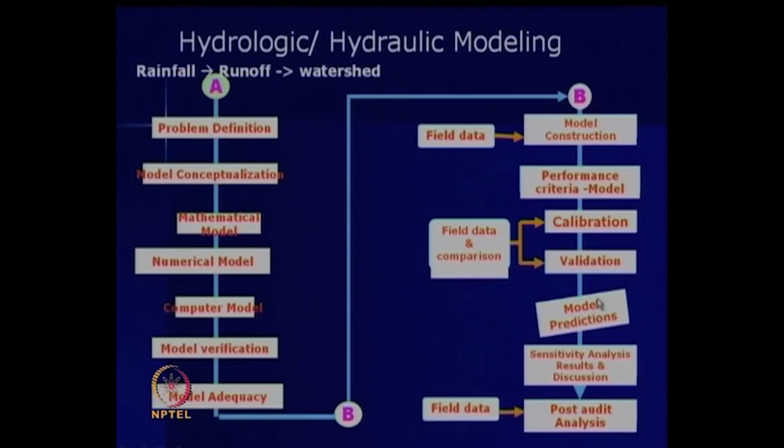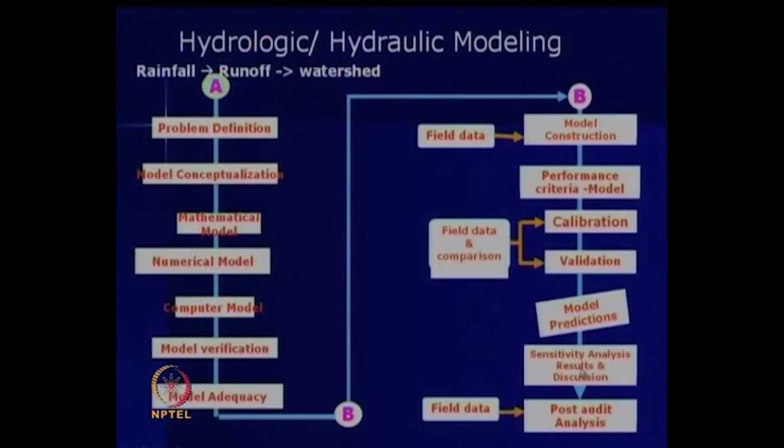This model predictions means, for example, if you are going to construct a dam or a check dam at a particular location of the watershed, we have to identify the annual average rainfall conditions, maximum rainfall condition, minimum rainfall conditions, and then generate various scenarios: how much water will be available, what will be the storage possibilities, and what kind of storage is achievable for the given conditions. So, all these we can do by running the model, and that is the model predictions.